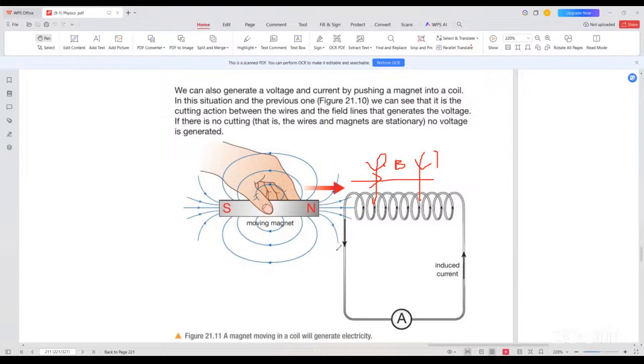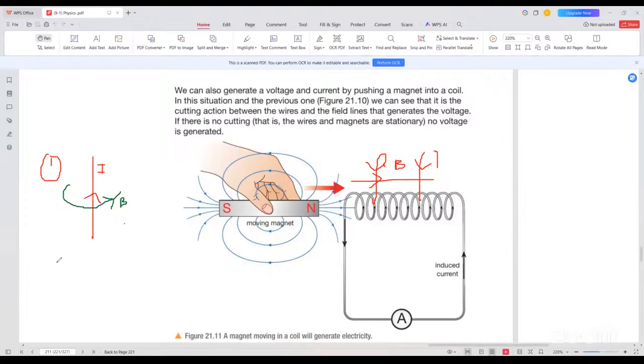That is a hint actually. Remember, the right hand screw rule can be used in two different ways. The first one is you can place the thumb in the direction where you have the current, and the other four fingers will be bent like this, which gives the direction of the magnetic field.